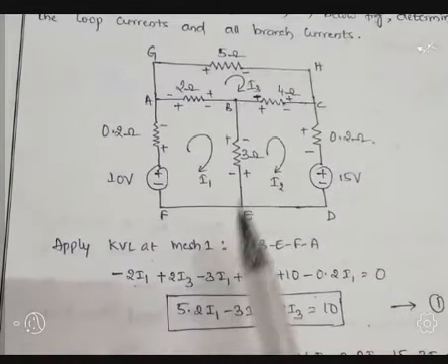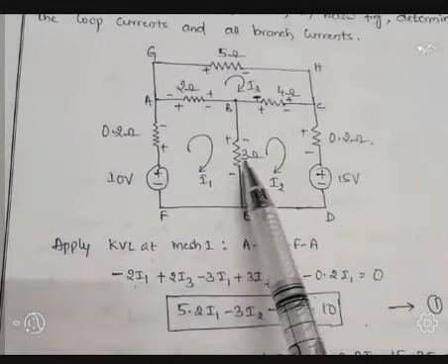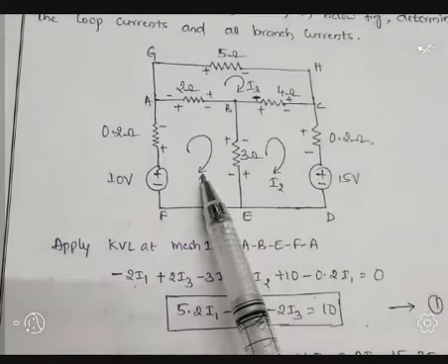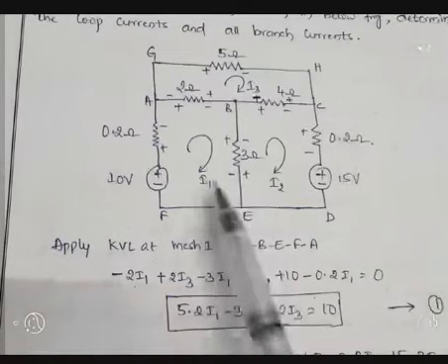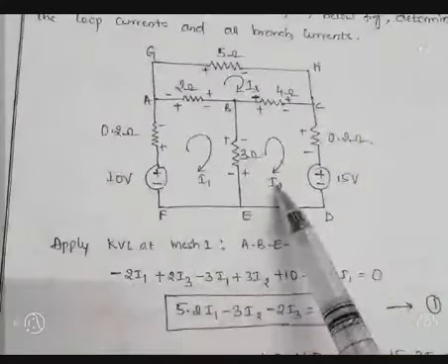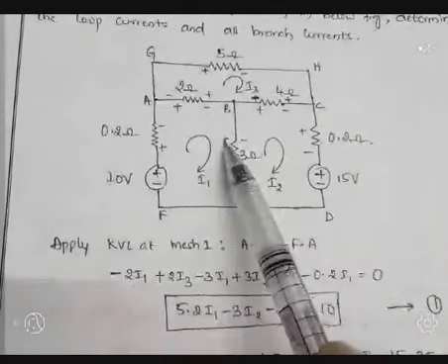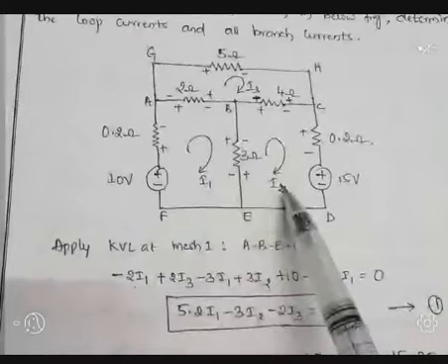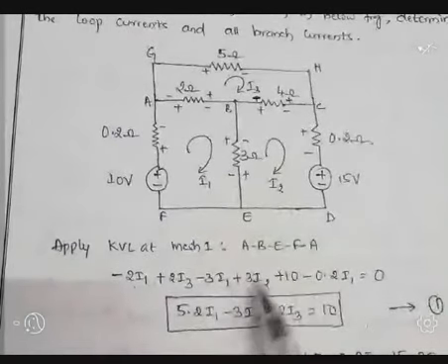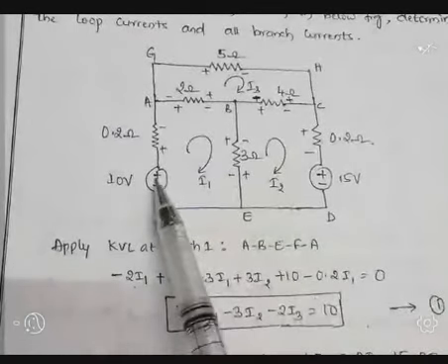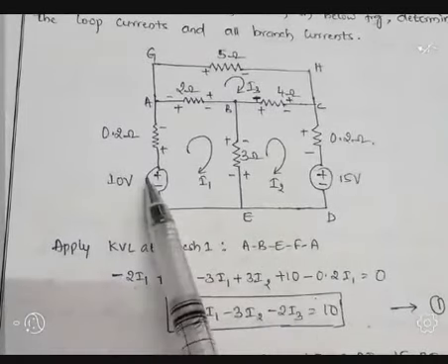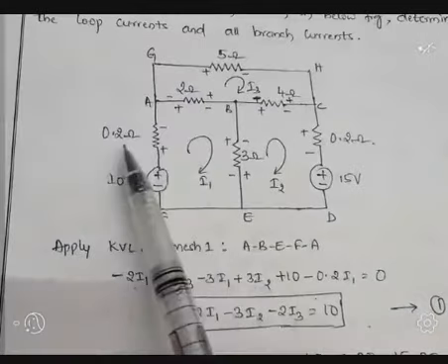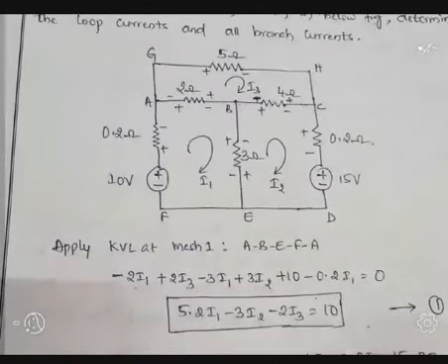Next, coming to this branch, it has value 3. The arrow head is pointing towards negative, hence minus 3I1. In the same branch, one more current is flowing, that is I2. The arrow mark of current I2 is pointing towards plus, hence it becomes plus 3I2. Coming to this branch, the arrow head is pointing towards plus, hence it is plus 10. Then minus 0.2I1 is equal to 0.